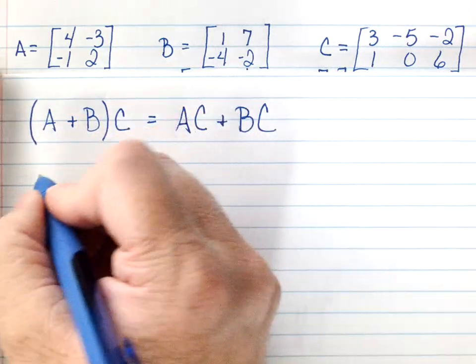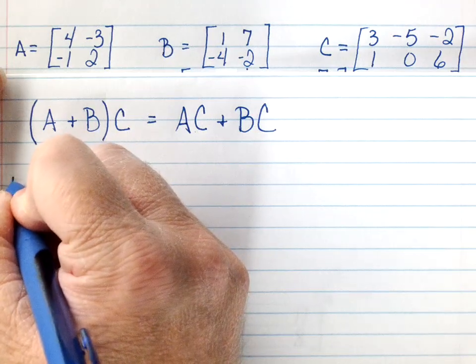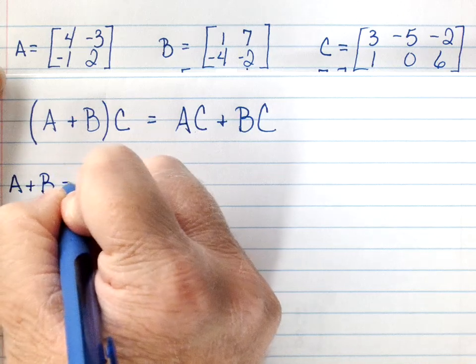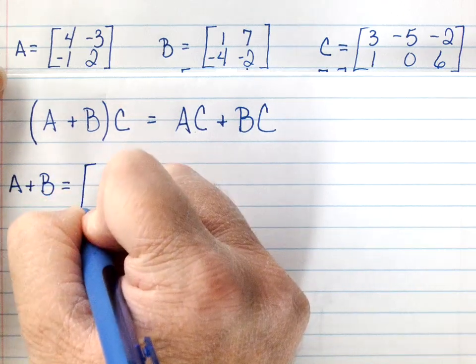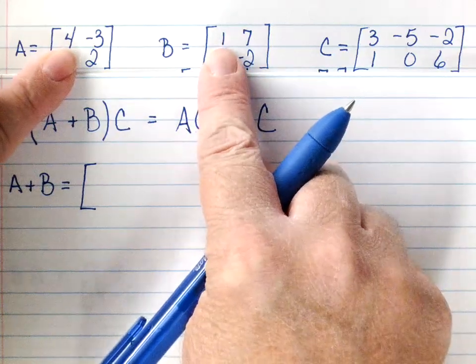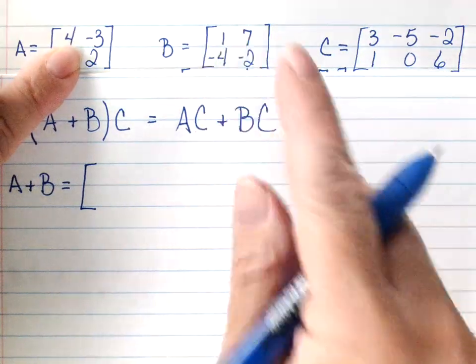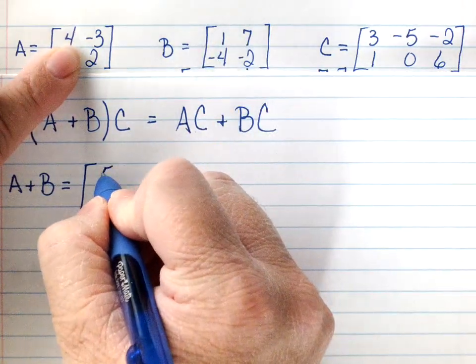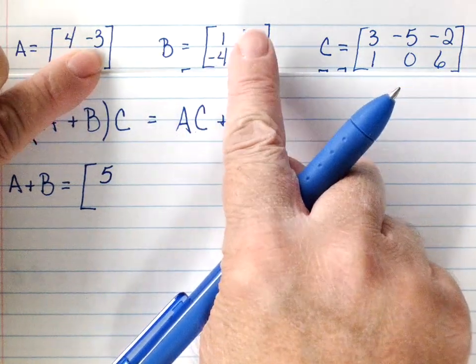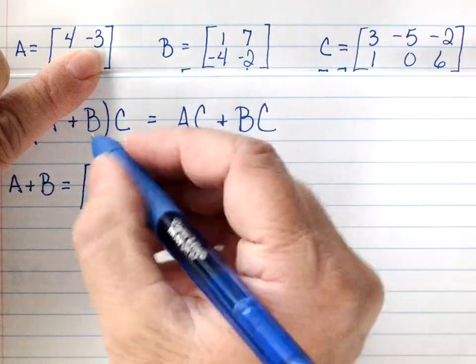So if I wanted to add matrix A plus matrix B, what I'm going to do is add each element. This was our last section. So the first element is going to be 4 plus 1. That's going to give me 5. My second element is negative 3 plus 7.